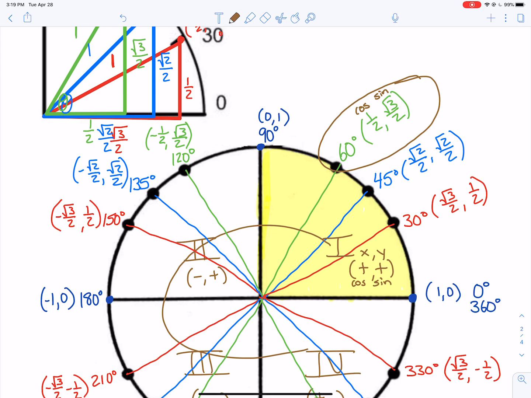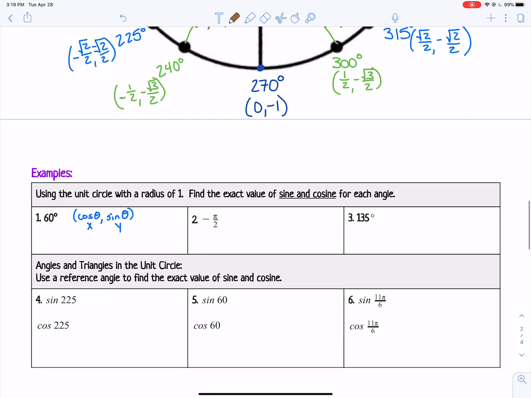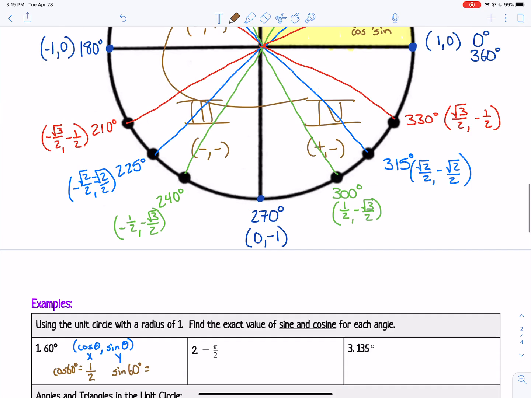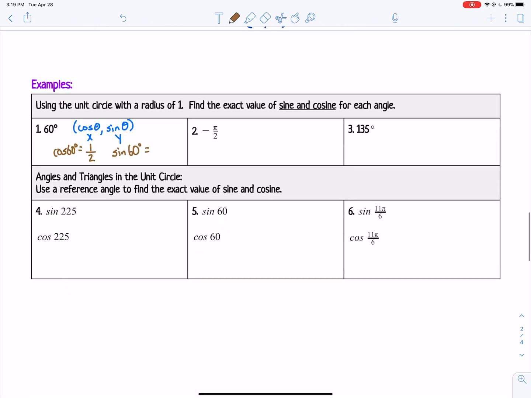So all we would need to say is the cosine of 60 degrees is 1/2. You just pick them out directly. So cosine of 60 degrees equals 1/2, and sine of 60 degrees equals the square root of 3/2. Notice the square root of 3/2 is more exact than if you were to get that value in your calculator and have it as a decimal.